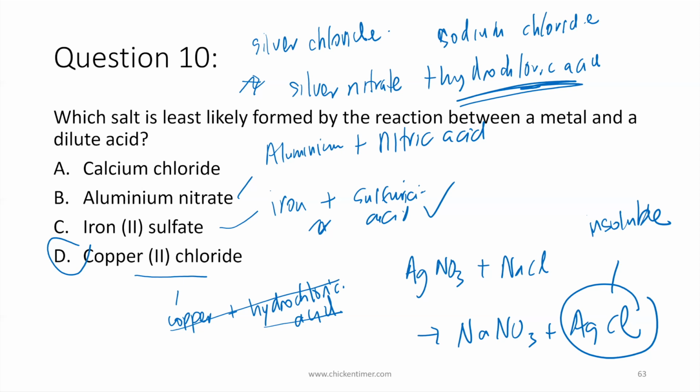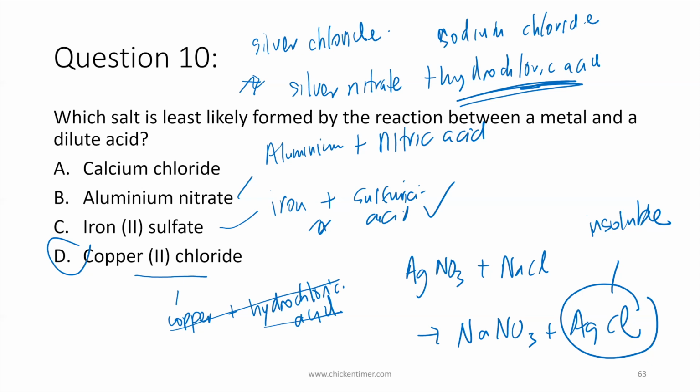But you cannot use a metal like copper, silver, gold. If you want to form gold chloride, you cannot use gold metal with acid. Nothing will happen. You have to use gold hydroxide, gold carbonate, gold oxide, if you can find gold oxide.